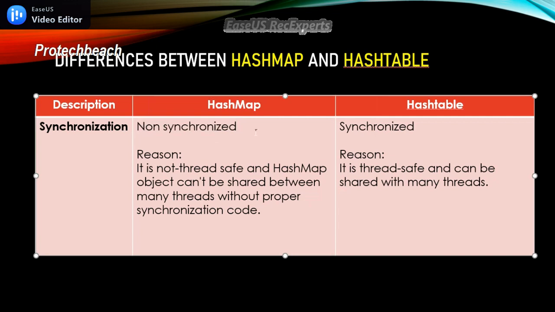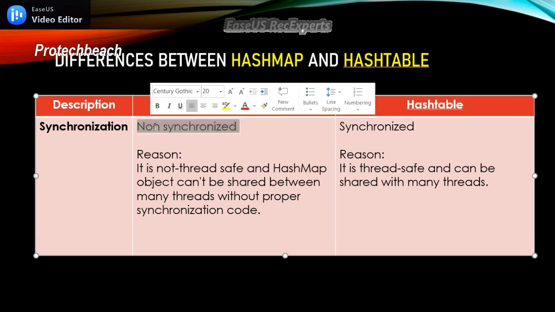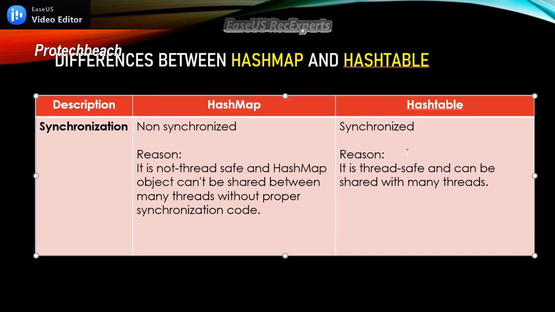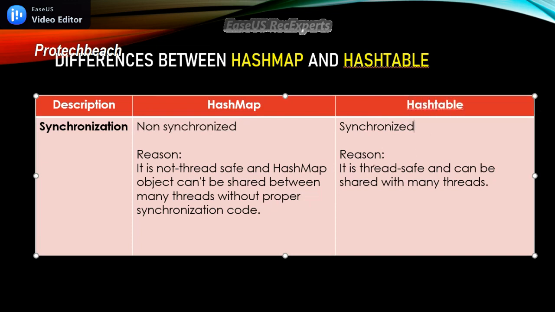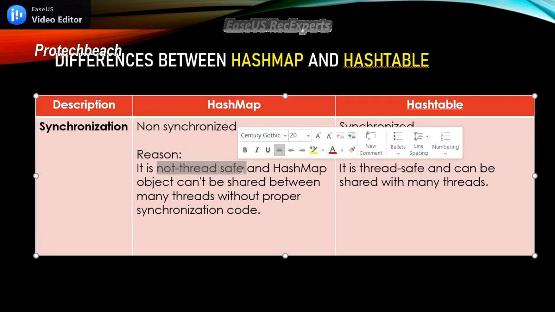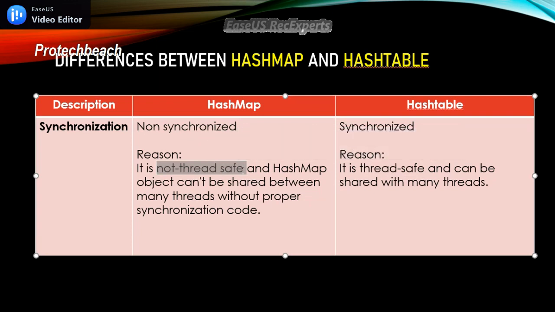That means multiple threads can operate on the same HashMap object at the same time. But in case of Hashtable, multiple threads are not able to operate on the same object; they operate one by one. That's why it is synchronized in nature. So we can say Hashtable is thread safe and HashMap is not thread safe, as multiple threads can operate on a single object at a time. This is regarding the synchronization differences.